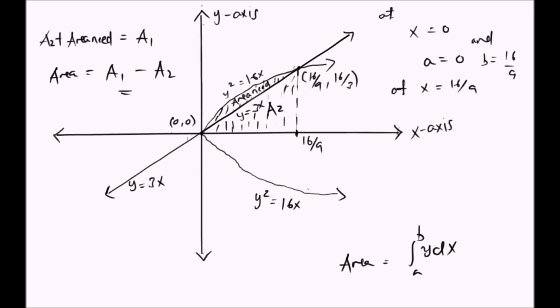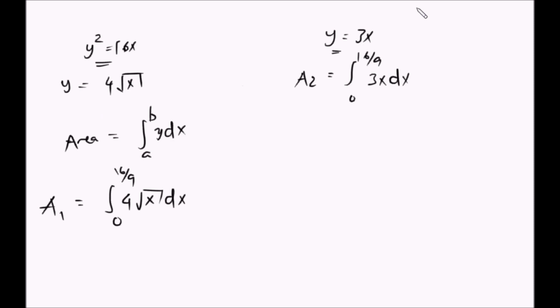So going back here now, the area required I have said is A1 minus A2. So the area will be A1, which is the area under that curve, from x is equal to 0 to 16/9. Let me show you again.